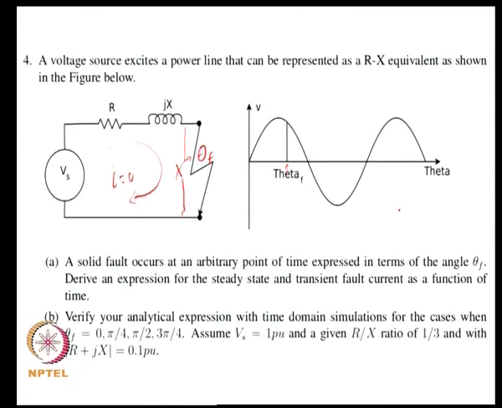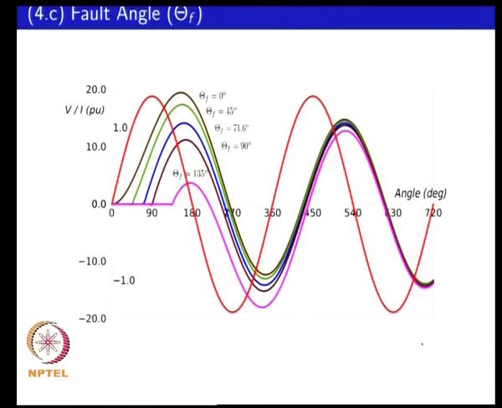If you look at what is being asked, for magnitude of the impedance being 0.1 and for these values of theta f, plot the expressions for your fault current, given R by X of 1 by 3. What is plotted here is the voltage V, and what is shown here is the value of the current for different values of fault angle.